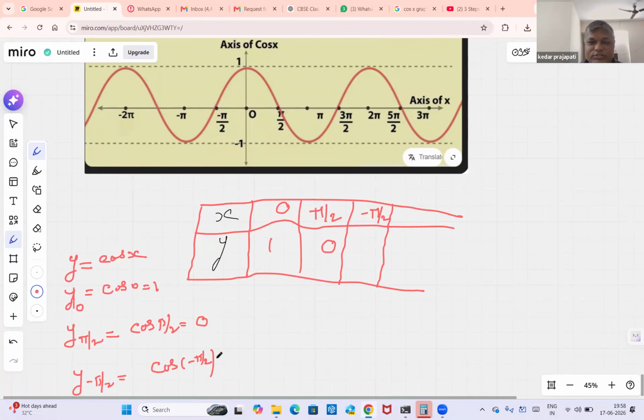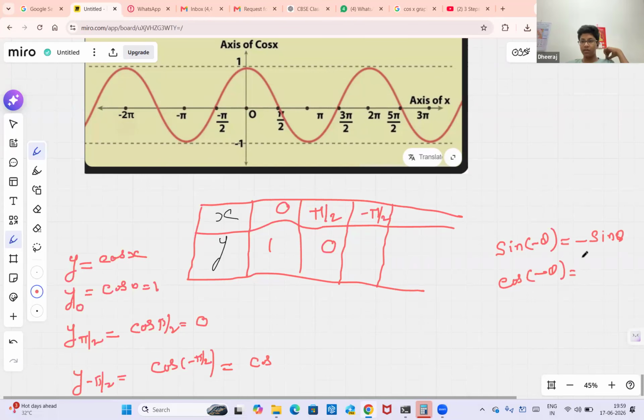There is an identity: sine of minus x equals minus sine x, and cos of minus theta is equal to cos theta.